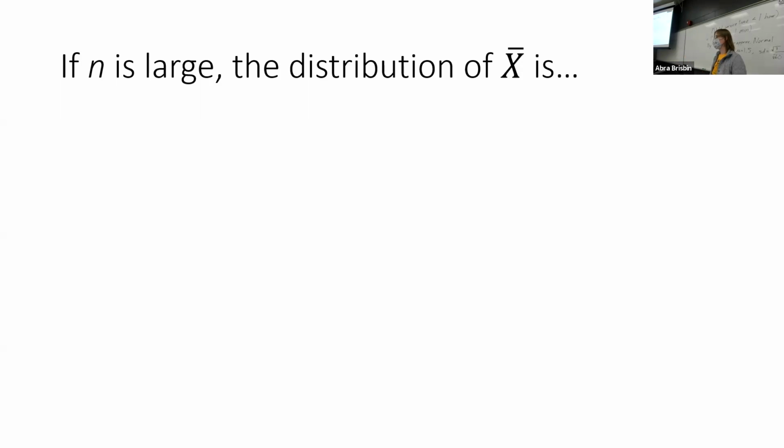Isaac? More normal. Yeah, if n is large, then the distribution of x bar is going to be approximately normal. Because we just talked about the central limit theorem telling us that no matter what the distribution of the x's is, as n gets large, the mean of the x's approaches a normal distribution.